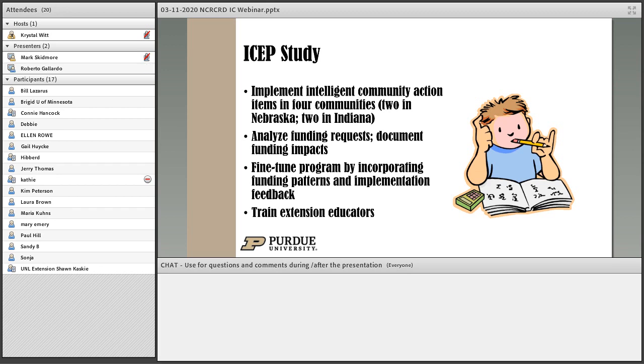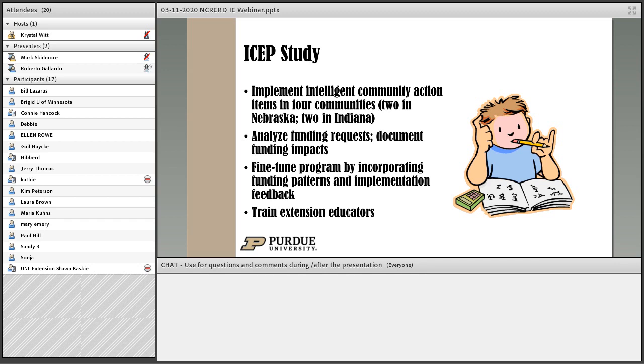And so the study really asked NCRCRD, let us implement this community checklist, and the community identified priorities from this checklist, these recommendations. Let's implement and see what do they gravitate towards, and how can that inform tweaking the process even further down the road. So that's exactly what we did.